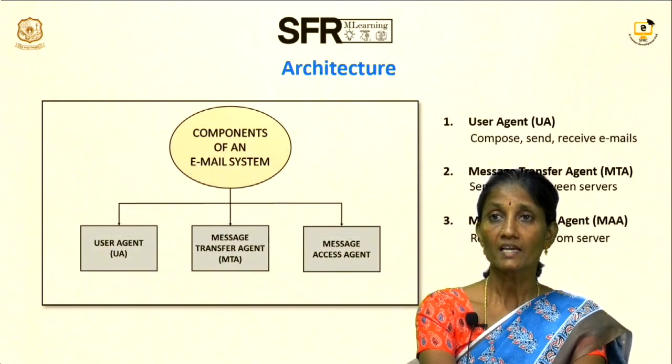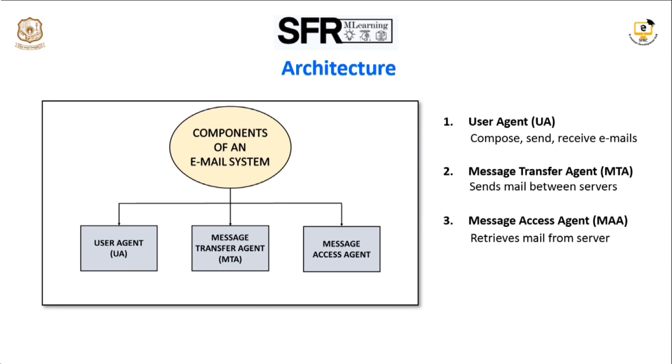Next one is the architecture of the email system. In this, first is the components of an email system. First component is the user agent. Second one, message transfer agent, and third one, message access agent.